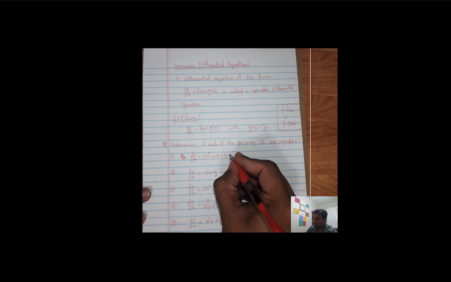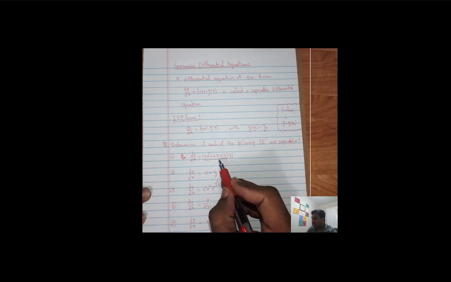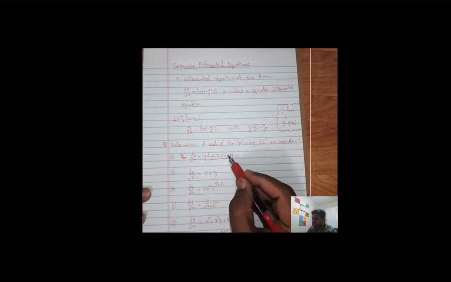We can always assume that it is multiplied by a constant function of y. So this right hand side can be seen as a function of variable x multiplied by a function of variable y. This is a separable DE.